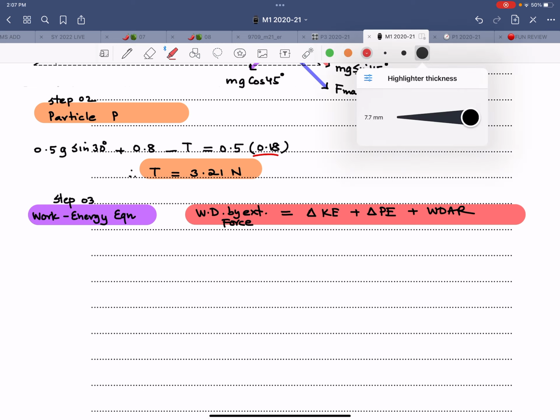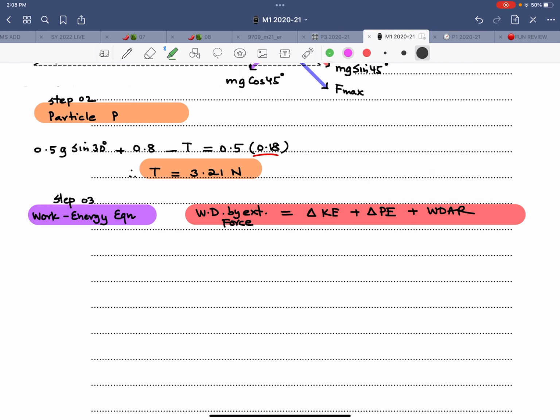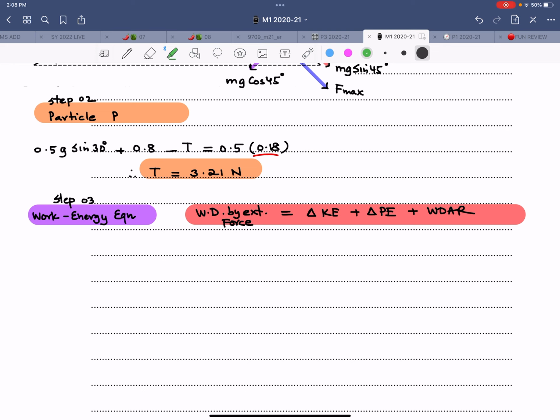So if I calculate each one separately, let me choose 3 colors and this bluish. Okay, so there's greenish. The first thing, that is the change in kinetic energy, that is equal to half into m into 0.6 square, that is the final minus initial 0 square.